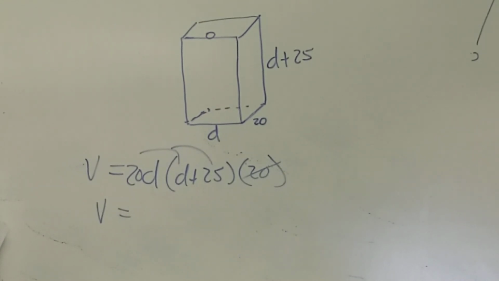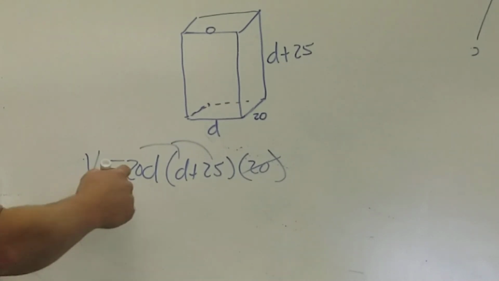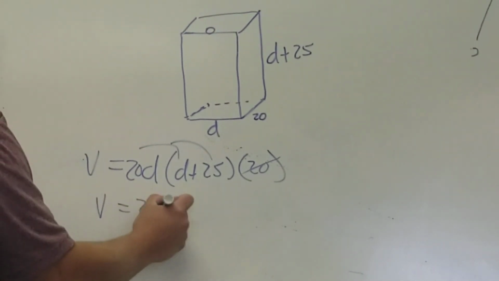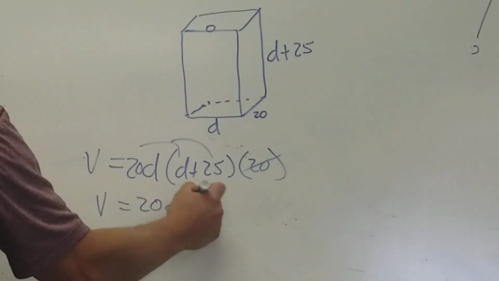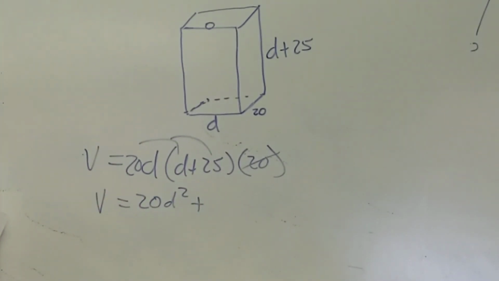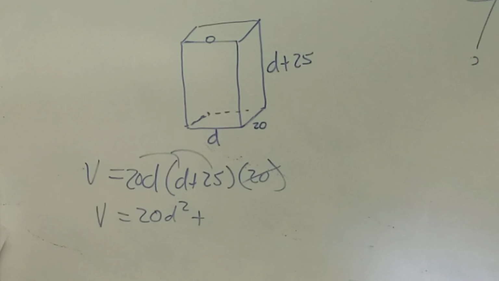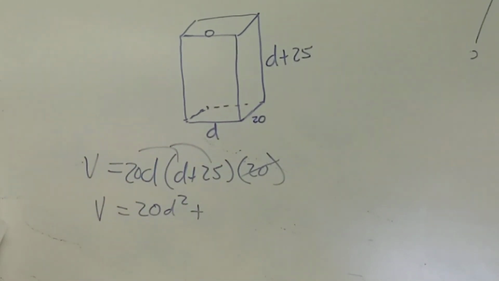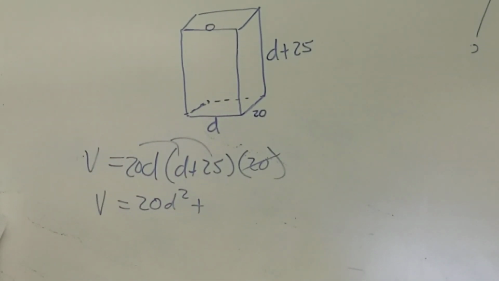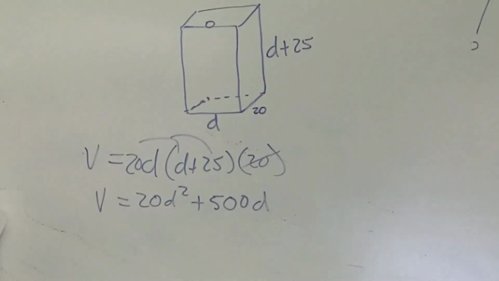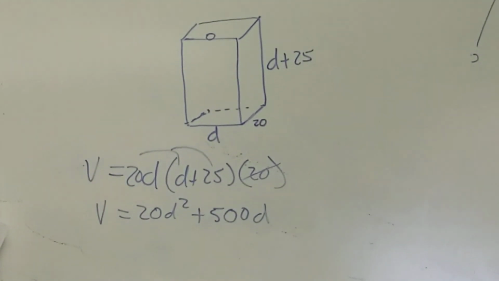Maddie, what will you get when you distribute? It's 20d squared plus what? Anybody know what 20 times 25 is? 500d. Okay? So there's my representation of the volume in standard form.